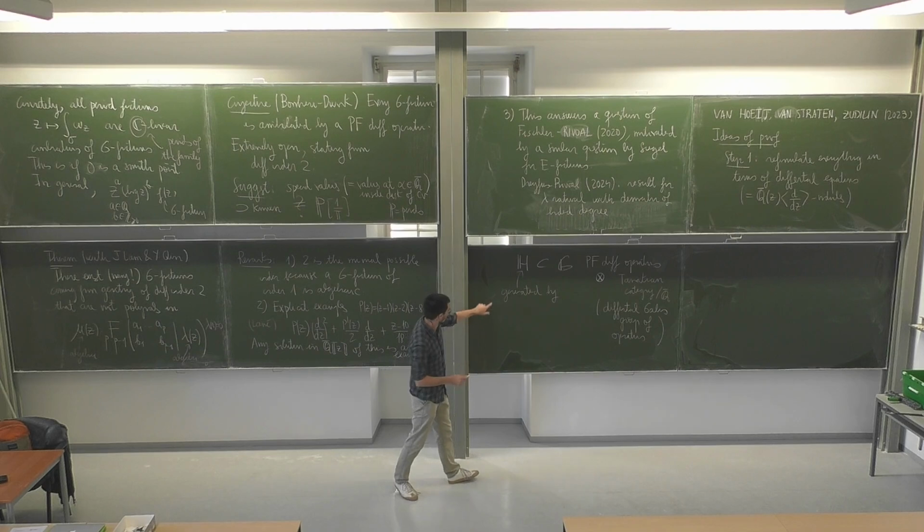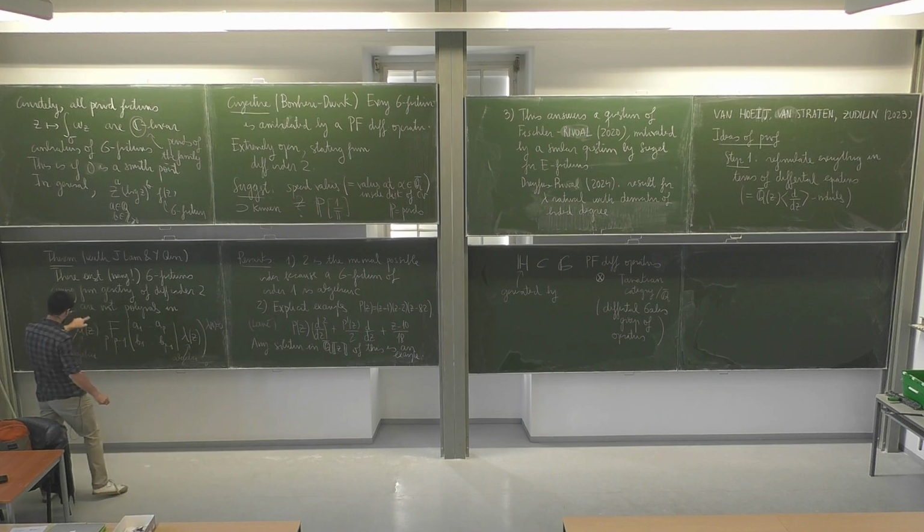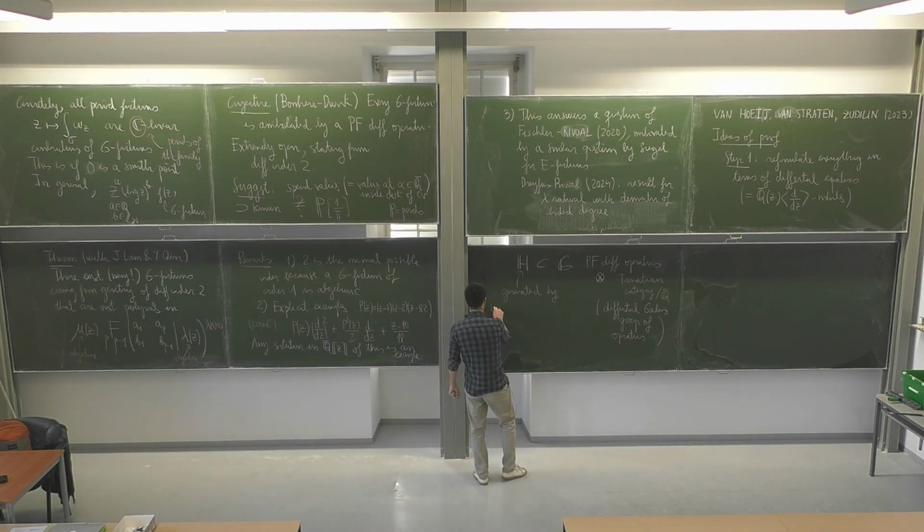I'm doing H now. So H has two kinds of things. It has algebraic functions, so we need modules with finite monodromy.